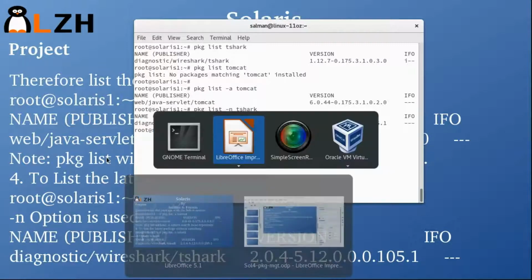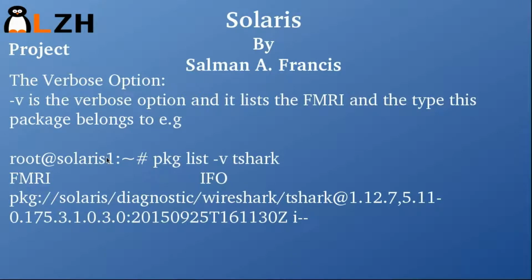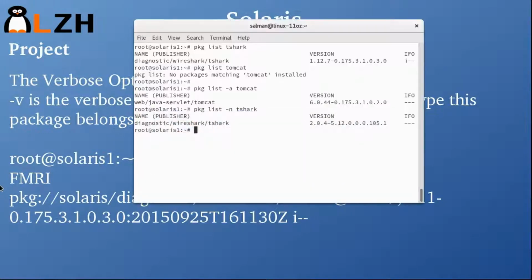Back to our slides. Okay, -v is the verbose option, and it lists the FMRI and the type this package belongs to. It's very important. So first let's check what it means. pkg list -v tshark.